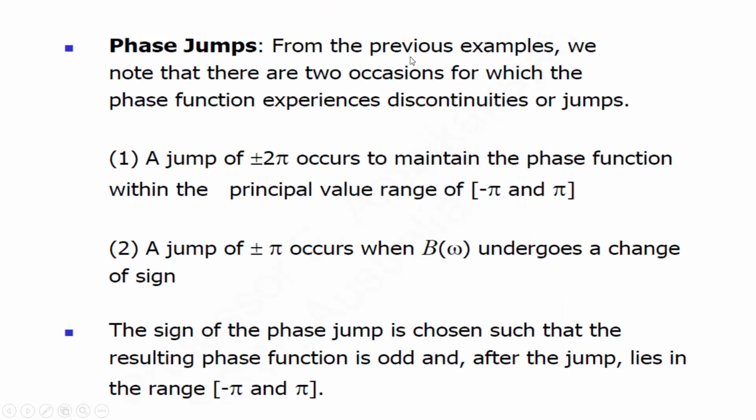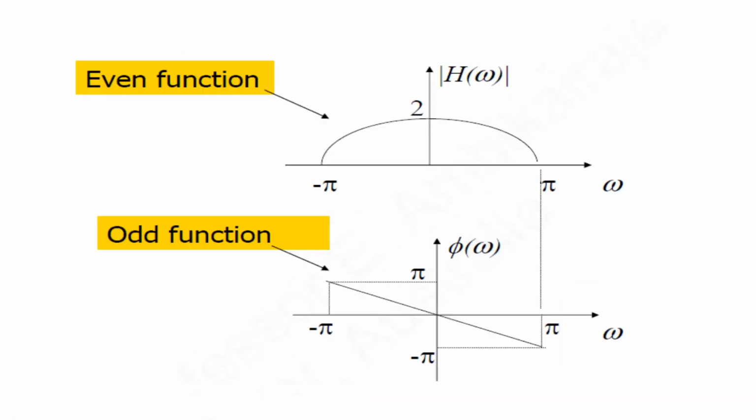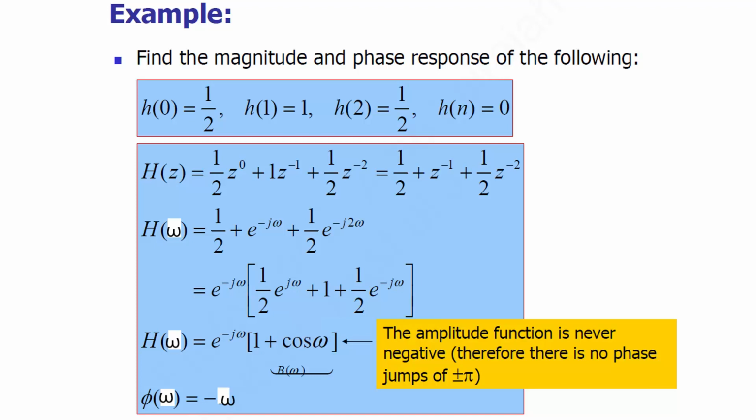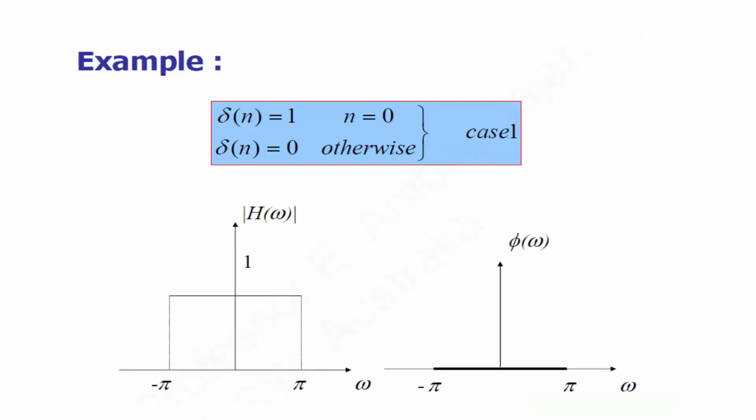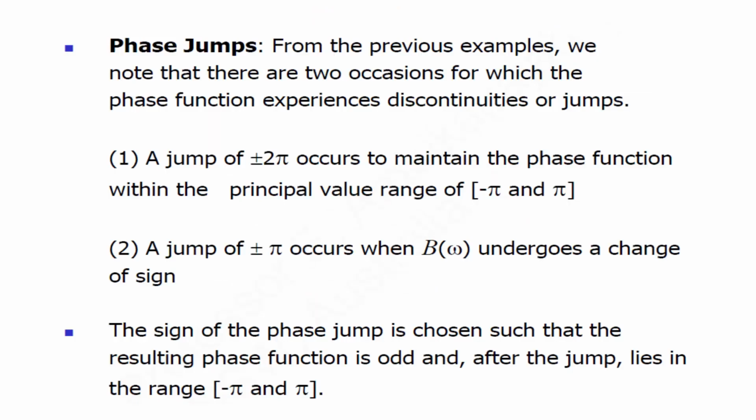From the previous examples, we note that there are two occasions for which the phase function experiences discontinuities or jumps. Actually, this is a discontinuity and we wrap around by plus 2 pi. Whenever you make a plus minus pi jump, that will again be a discontinuity.